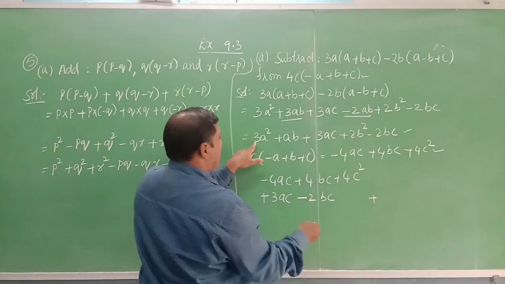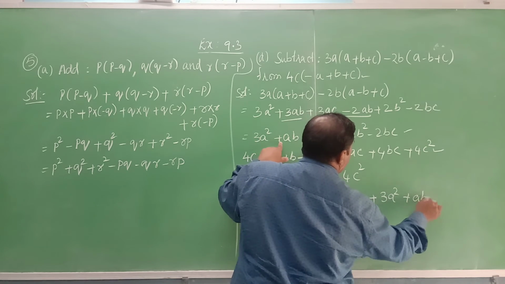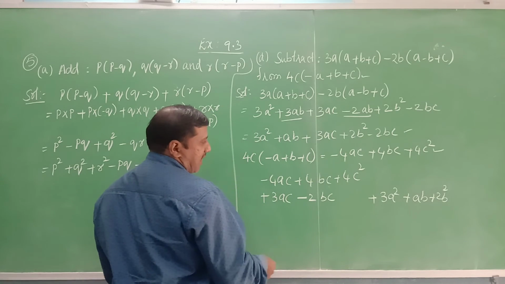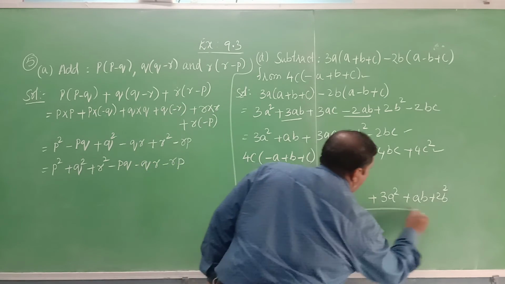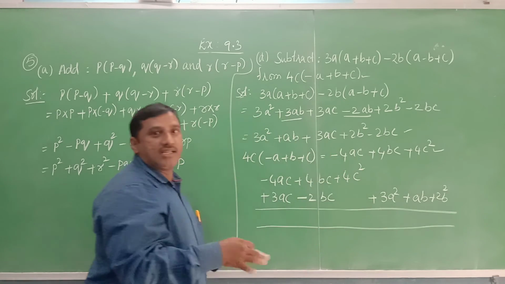Then write the remaining terms, 3a square plus ab plus 2b square of the second expression, separately under the like terms.